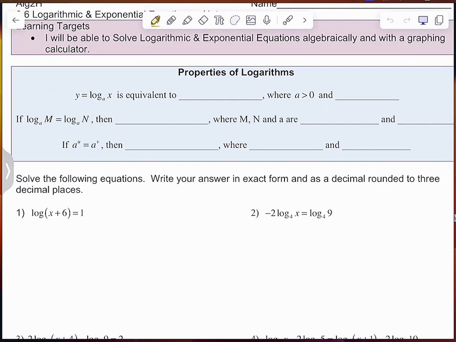Second one, if log base a of m equals log base a of n, then what do you know? And same thing with the exponents.